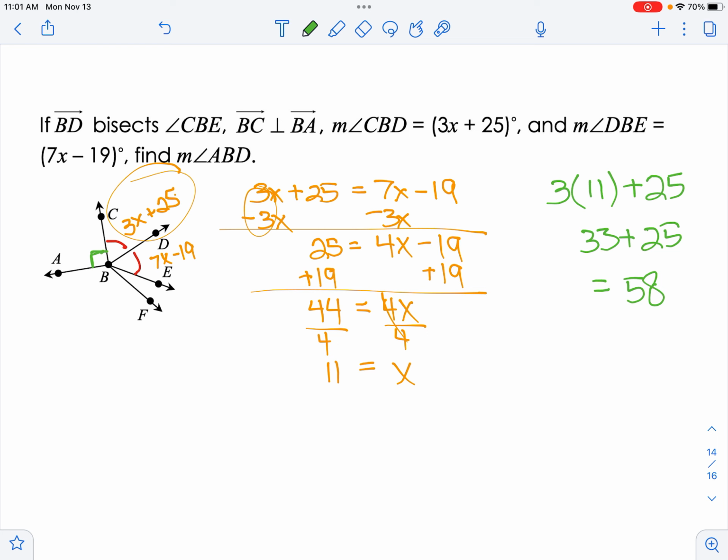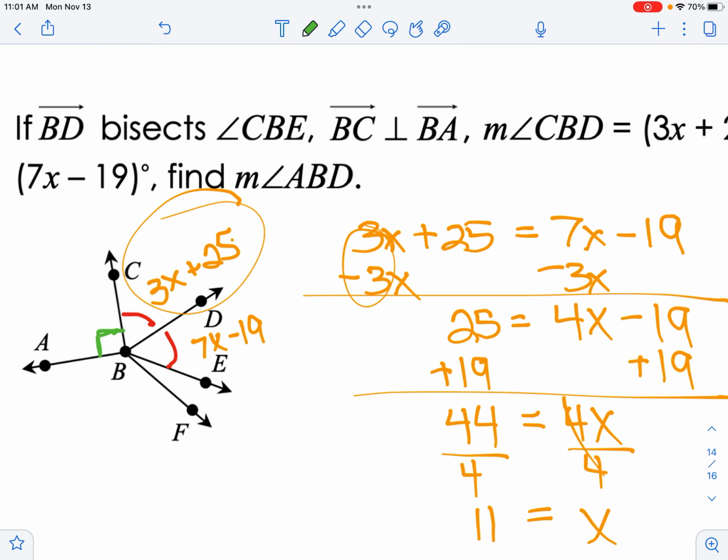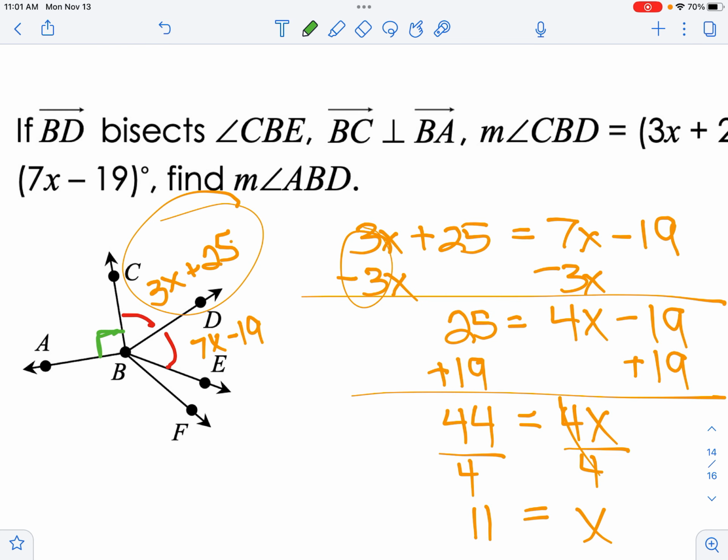Okay, so I know that this angle CBD is now 58 degrees. So I'm going to erase this here and put 58. Now because DBE is the same, I know that this is 58.